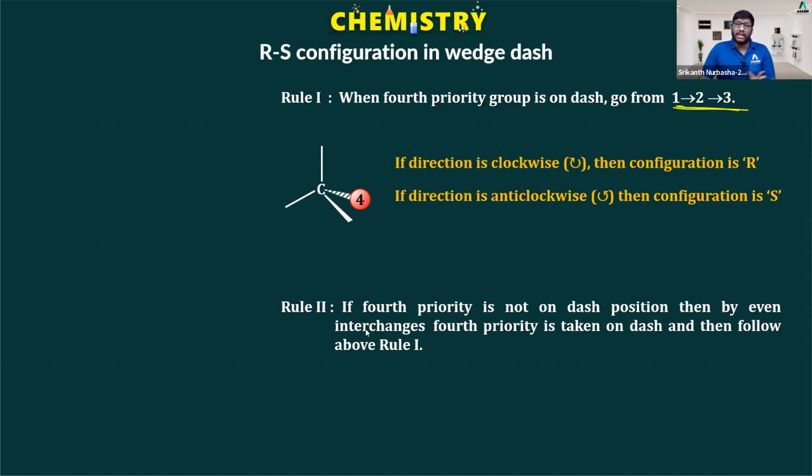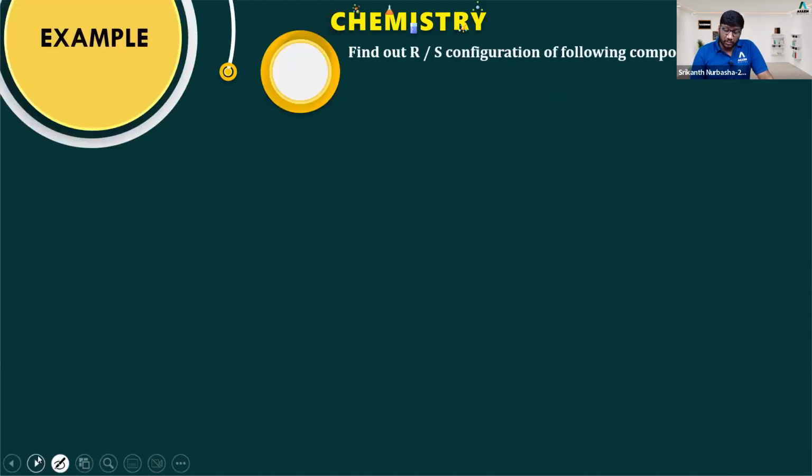If it is clockwise, assign R, anti-clockwise S. If you perform odd number of exchanges, then the reverse configuration is going to be present. If you perform even number of exchanges, configuration will be same, and then follow the same rule, that is rule 1. Right? So let us apply this to 3D positions, like find R or S configuration in this case.